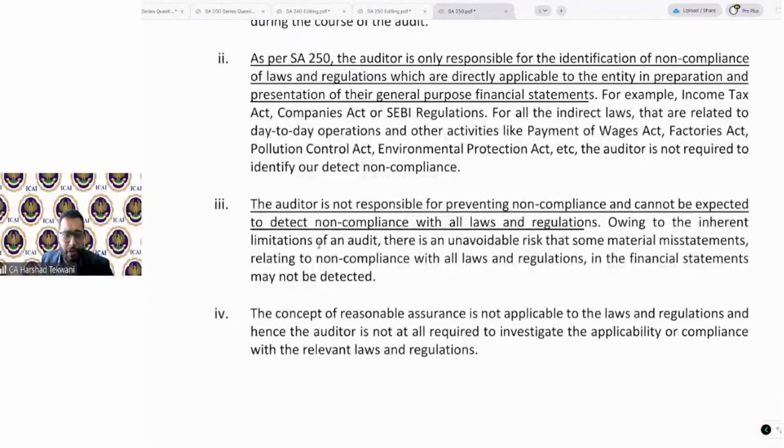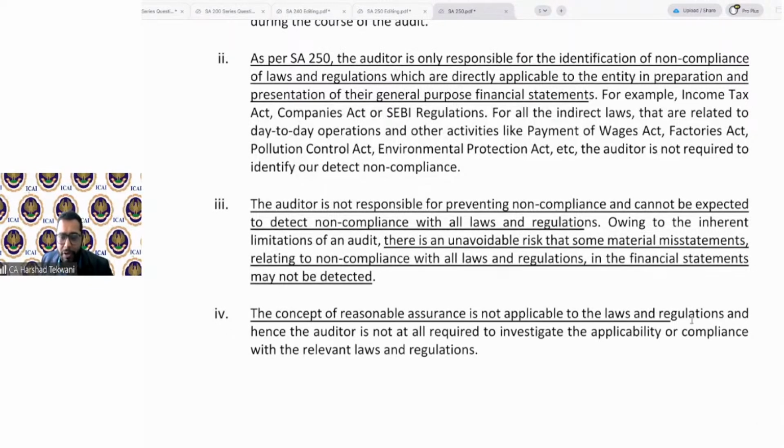Owing to the inherent limitations of an audit, there is an unavoidable risk that some material misstatement relating to non-compliance with laws and regulations in the financial statement may not be detected. The concept of reasonable assurance is not applicable to laws and regulations, and hence the auditor is not at all required to investigate the applicability of compliance with laws and regulations.